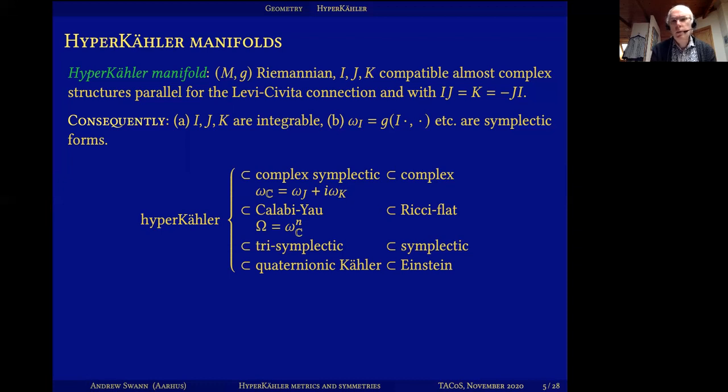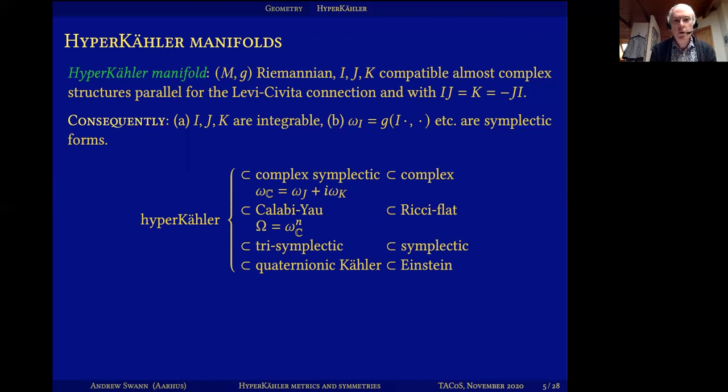And then finally, the bottom line you should take with a pinch of salt, but in the immediate way one defines things, HyperKähler manifolds are contained in the wider class of quaternionic Kähler manifolds. And these are Einstein geometries.